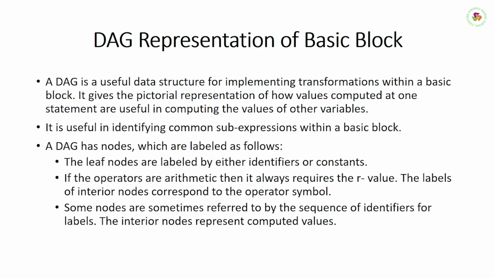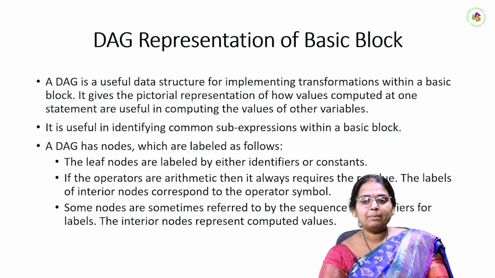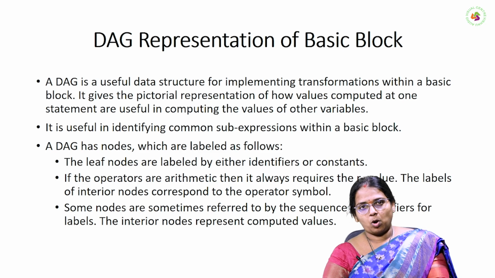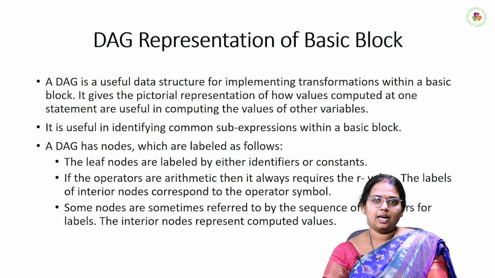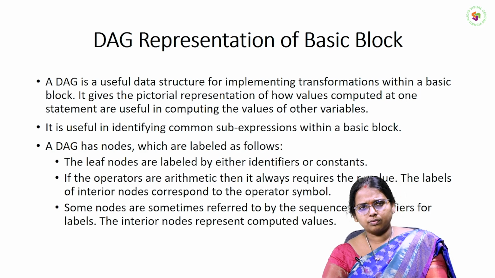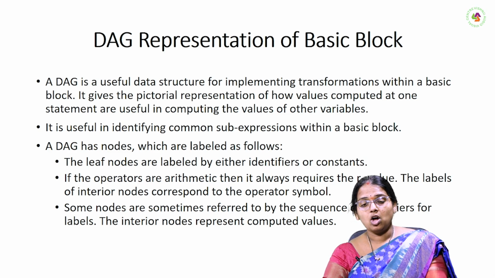Here, a DAG is used to represent each basic block. A DAG is a useful data structure for implementing transformations within a basic block. Within the basic block, if any transformations are required, they can be easily done if you construct a DAG for each block. Once you have constructed a DAG, it helps to easily identify the common subexpressions within a block.